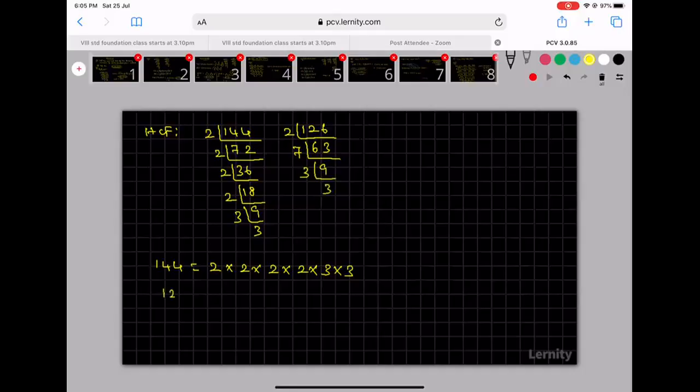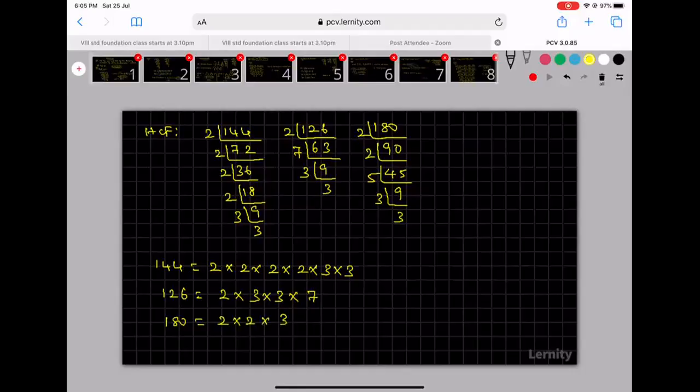So 126 I can write as 2 into 3 into 3 into 7. Then 180. If I divide with 2 means 90. Here 2 means 45. And then 5 means 9, 3 3. Then 180 means 2 into 2 into 3 into 3 into 5.